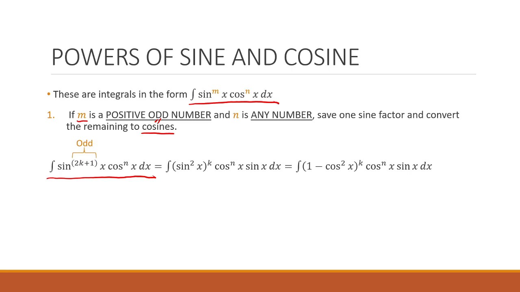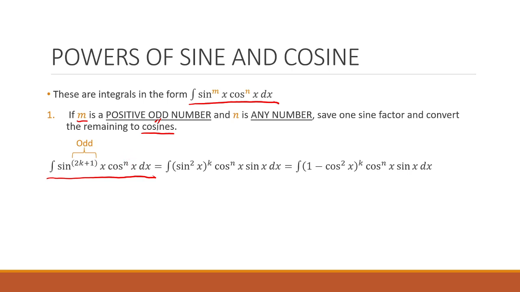Kasi whatever the value of k is, if we plug in any positive integer sa k, so 2 times that positive integer tapos plus 1, it is an odd number. Di ba? Para ma-emphasize lang na it's a positive odd integer. Okay? And then, of course, n, power ng cosine, is any real number.